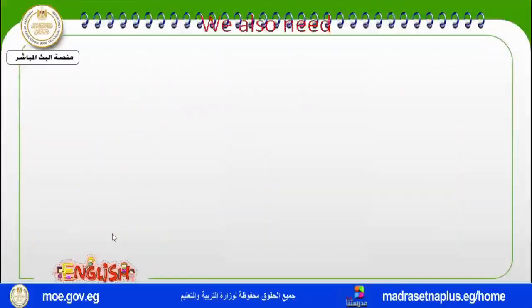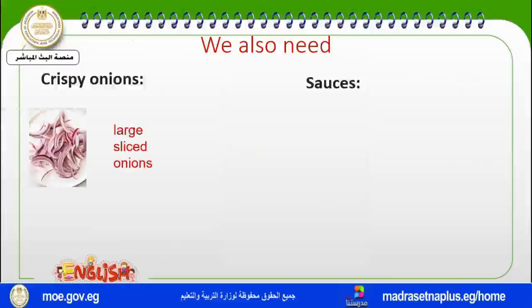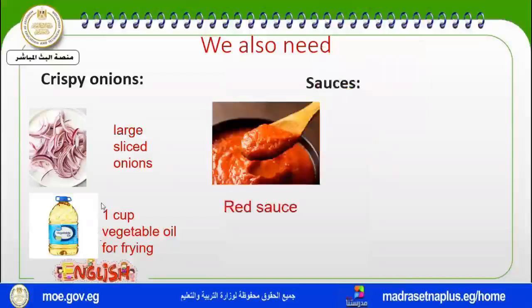But this is not all. To get an Egyptian koshari dish, we need these ingredients and also crispy onions and some sauces. To get the onions, we need large sliced onions like that, red or white, and sure some oil to turn them crispy. And we need different sauces, not only one.